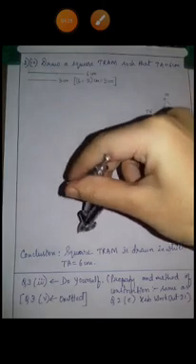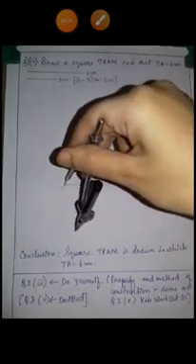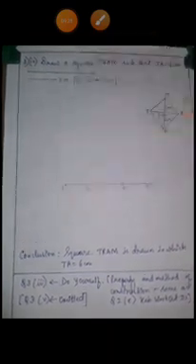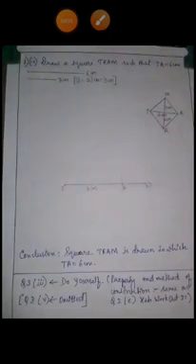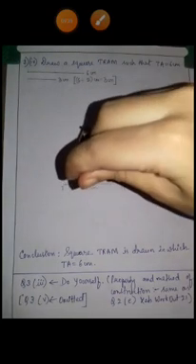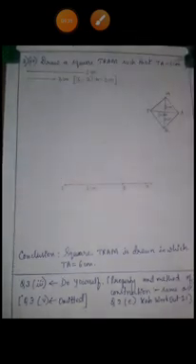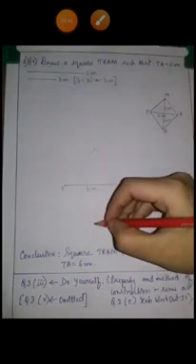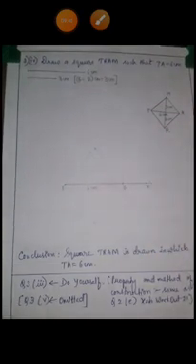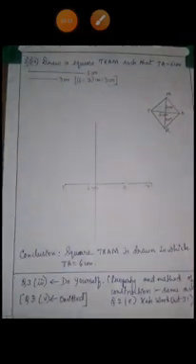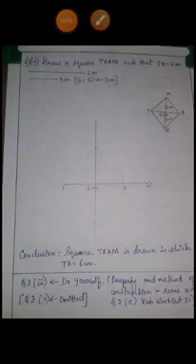Now again you place the pointer at T and cut the arc. You need to cut on both top as well as bottom. So you have got the 2 points. Now you join these 2 points. So you have got the perpendicular bisector of line segment TA.